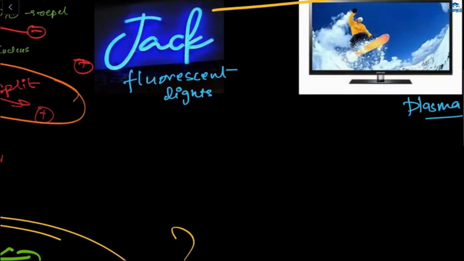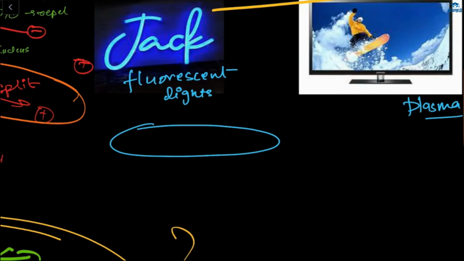Let's say this is one rod, one tube, and inside this tube a very low density gas is present, and that gas emits different colorful lights to us. Sometimes we see blue light, sometimes red, sometimes yellow.